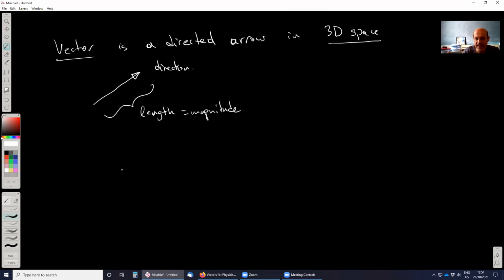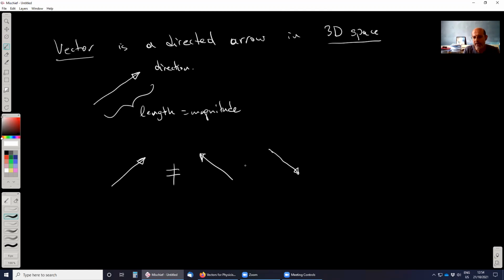So by this, I actually mean that if I have a vector in here, this vector is different from that vector. Even if their lengths are the same, they are different, right? And of course, if the direction is opposite, it's not the orientation, it's the direction.